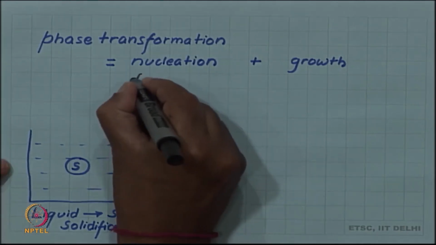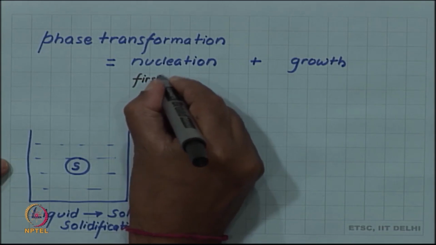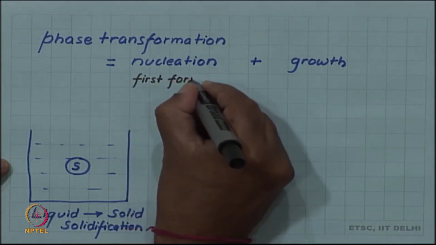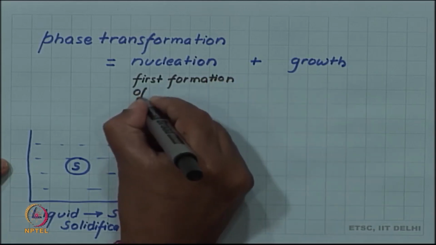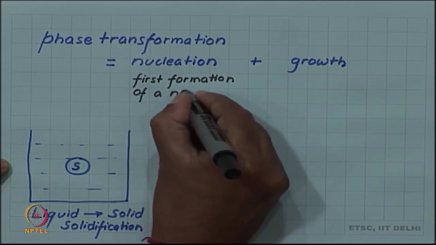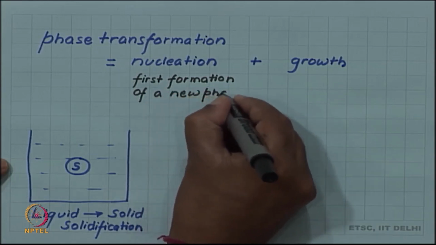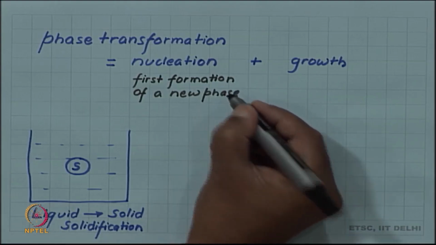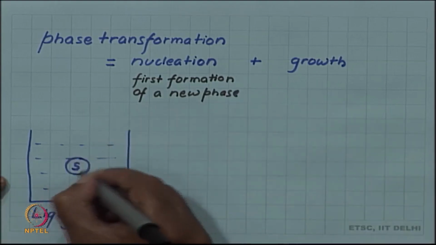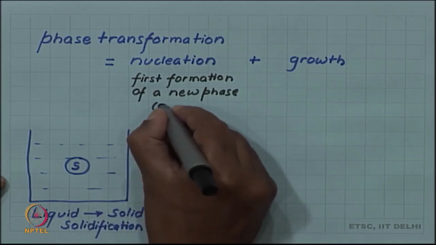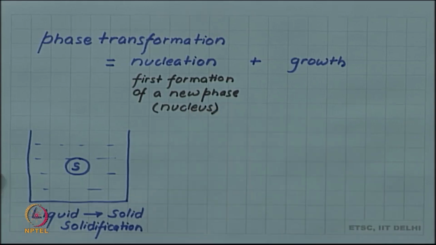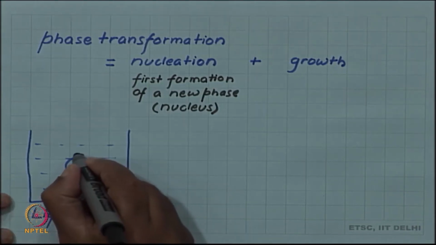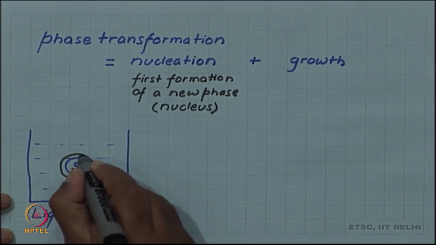So, nucleation is the first formation of a new phase. So, this region which has formed in the beginning, this is what is called a nucleus. So, this stage is nucleation. After that, this nucleus which has formed will continue to increase in size.